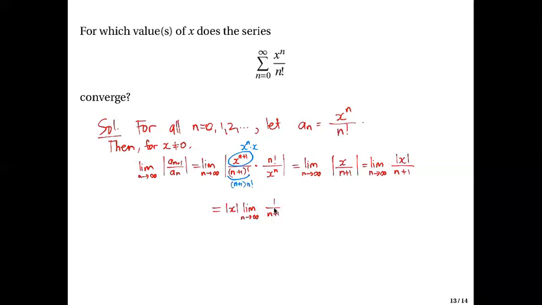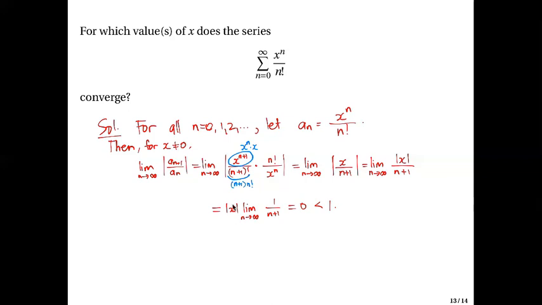This limit of 1 over n plus 1 will be 0 as n approaches infinity. So if you multiply by any absolute value of x, this will always be 0, and this is less than 1. This means that this series is absolutely convergent for all x not equal to 0, at least for this part of the solution.